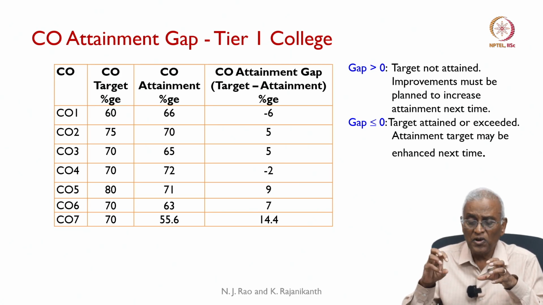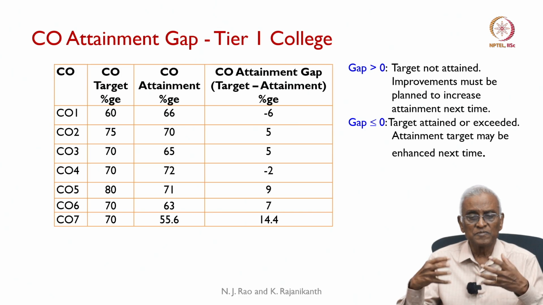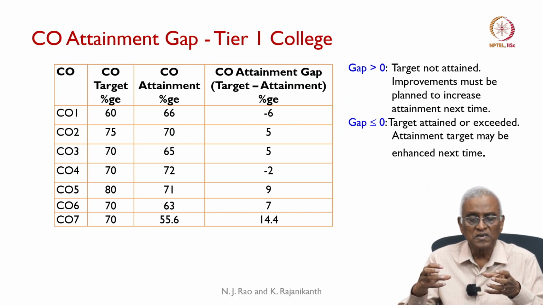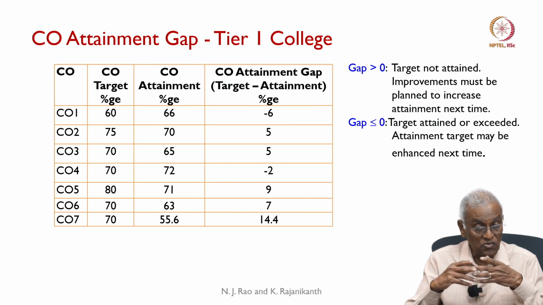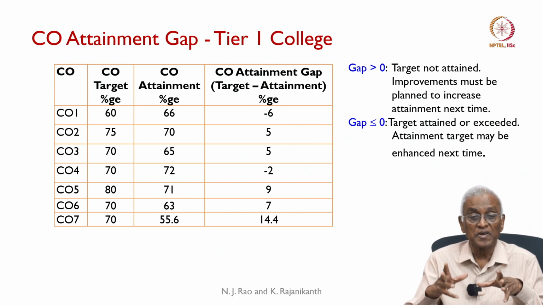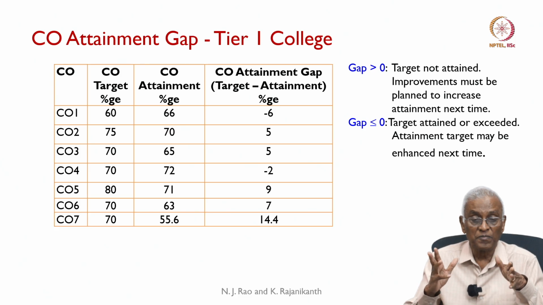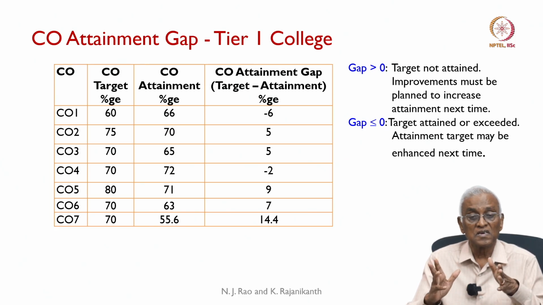But it's an approximate one. Some data has been collected, and we need to pay attention to some detail so that next time you have a better attainment. Okay, that is what is required to be done as per the NBA. You have to demonstrate from year to year things are improving.